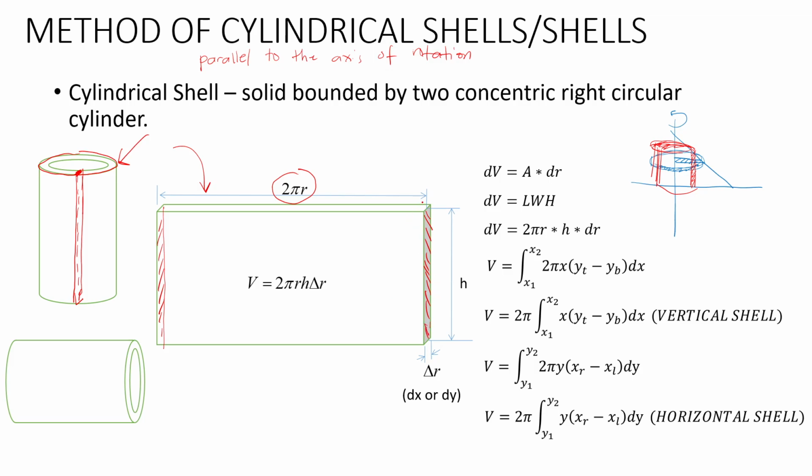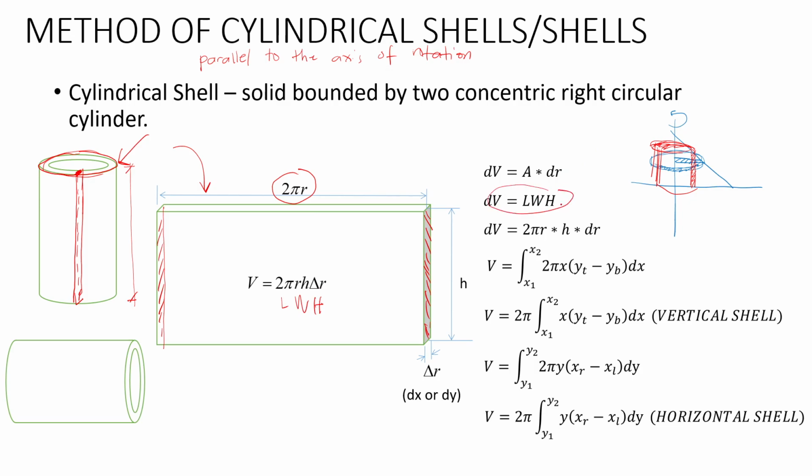Okay, so of course this one is the height, and we all know by fact that the formula for the volume is area times thickness. So 2 pi r, that would be the distance or the circumference of the circle, multiplied by the height times the thickness, di ba? So length times width times height ang concept. That's why it's here.